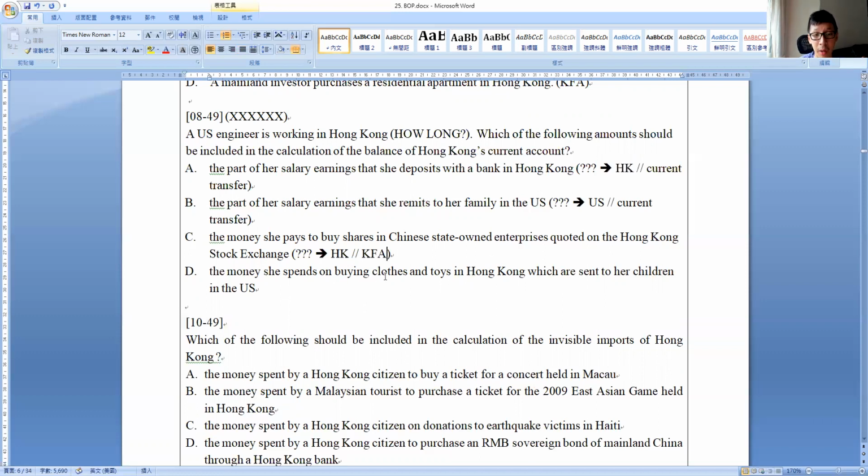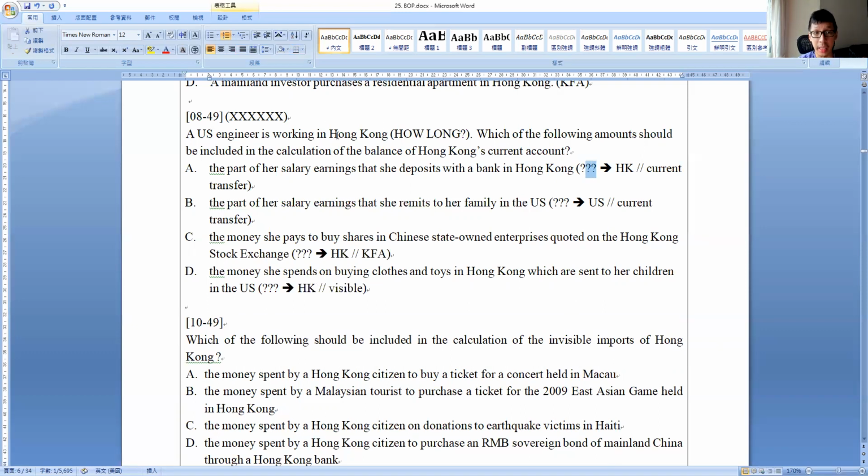Then the money she spends on buying clothes and toys in Hong Kong, paying money to Hong Kong, buying clothes and toys in Hong Kong, right? 係嘛？既然佢去買嘢啦，it would be a so-called visible trade，係嘛？即係買實質嘅嘢嘛。So because the problem is we do not know who she is, there can be no answer. 唔應該有答案㗎。Okay, now I'm not blowing water.